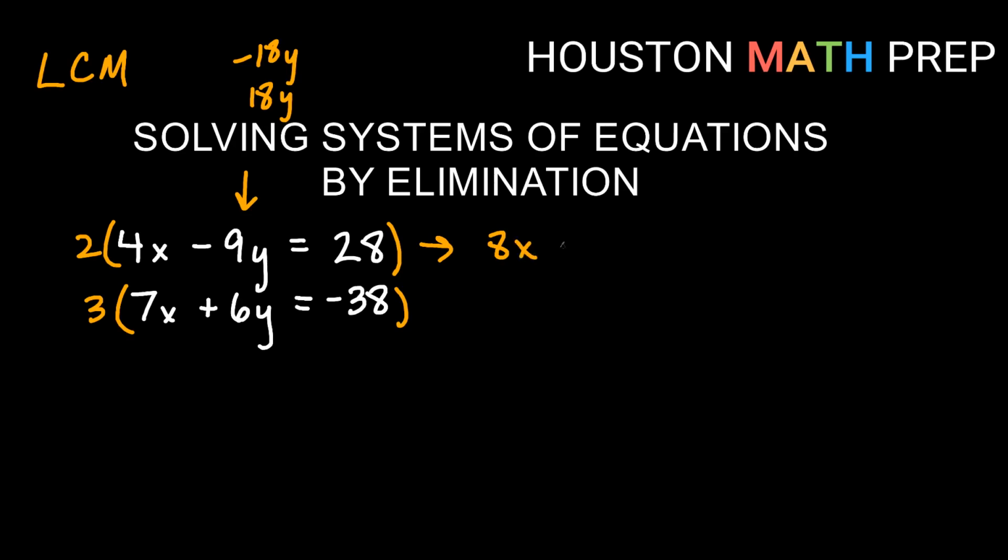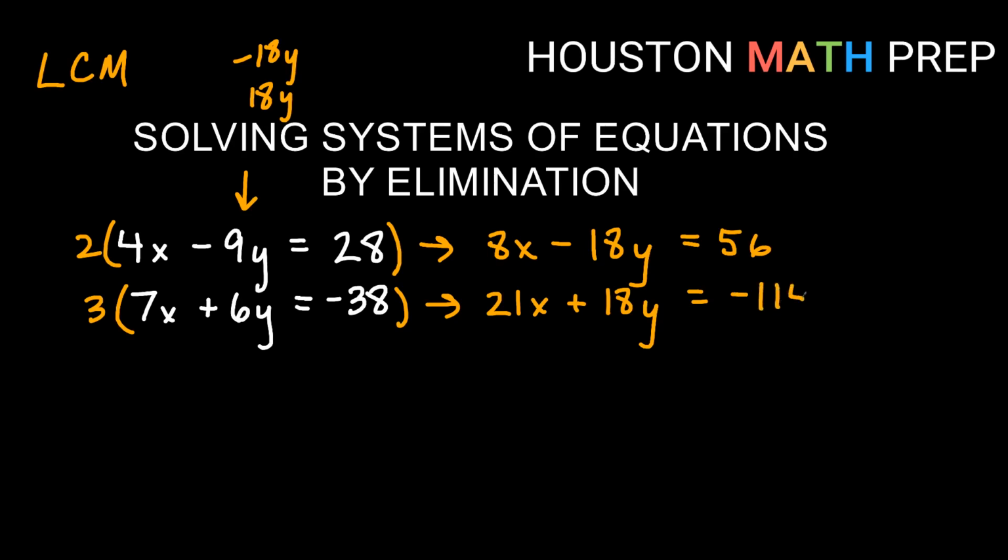We get 8x minus 18y equals double 28, which is 56, and then 3 times the second equation, so we get 21x plus 18y equal to 3 times negative 38, so positive times negative is negative, and that gives us 114.